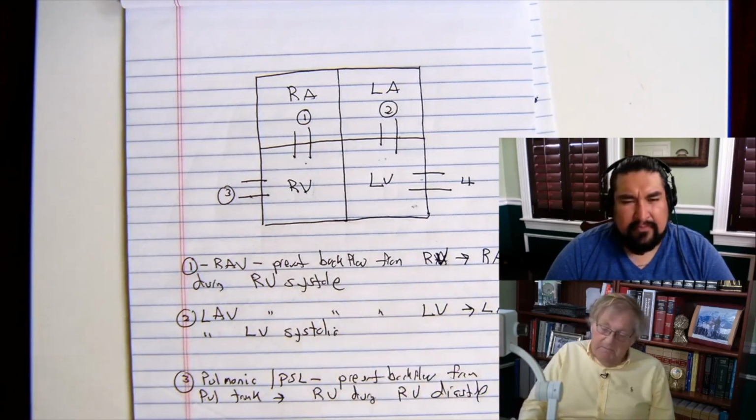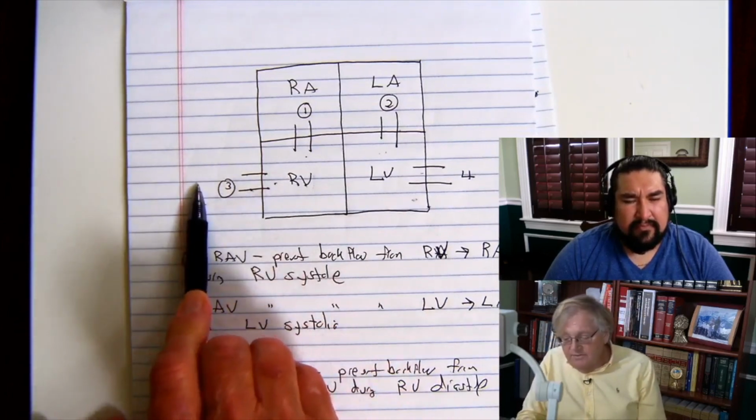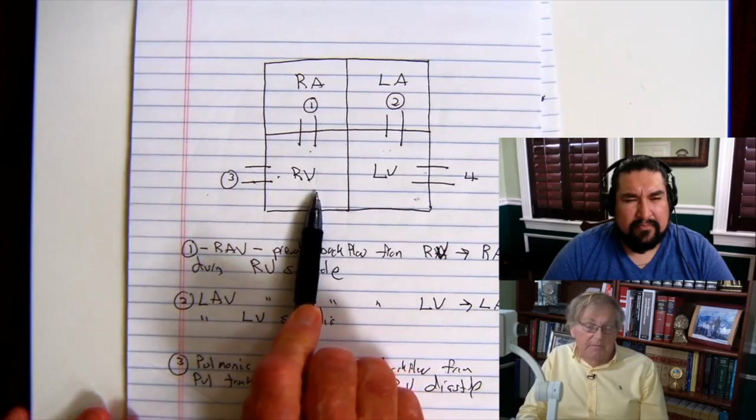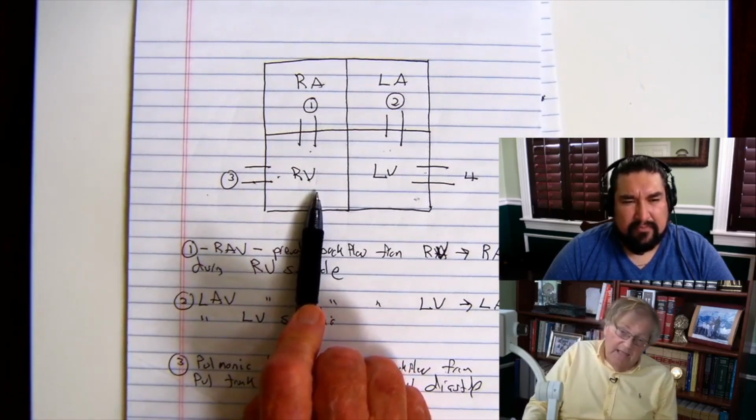So when I'm pumping blood out, I don't want it to backflow into the right ventricle, because remember, we defined systole as pumping, diastole as relaxing.